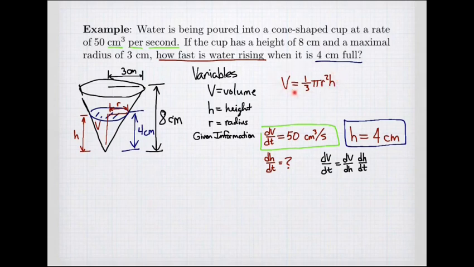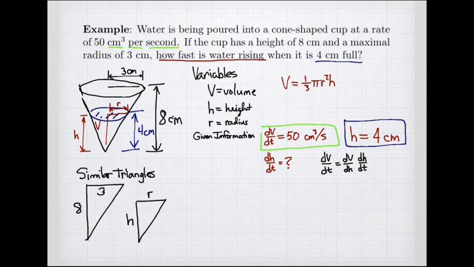If I look at the formula for volume, though, it actually has two variables, the radius and the height. So my goal is I need to find one equation that relates volume in terms of height. And the way that I do that is I need to think about how the radius and the height are related. This will require finding another equation.